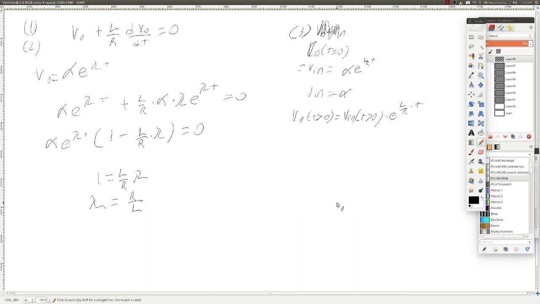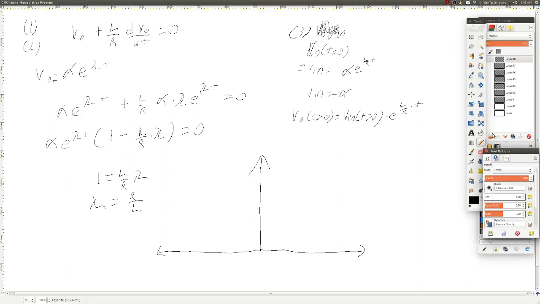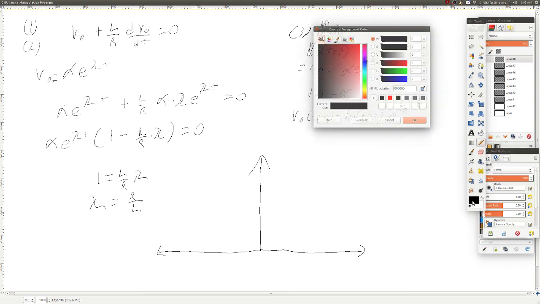What is this going to look like? It's going to have a similar exponential decay property to our last problem, but it's going to look like this instead. Let's go ahead and draw our stuff real nice.